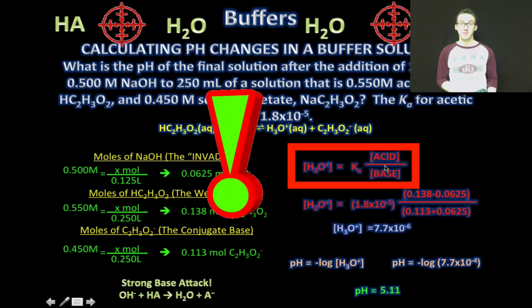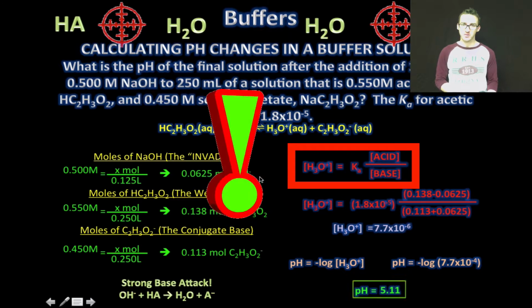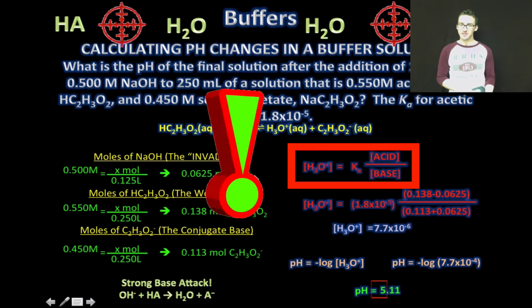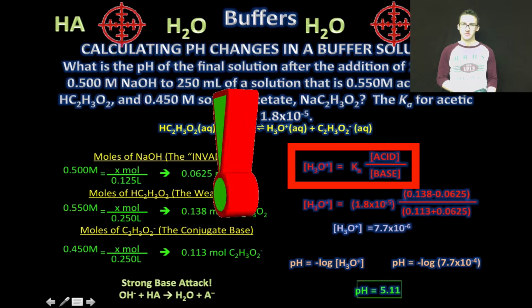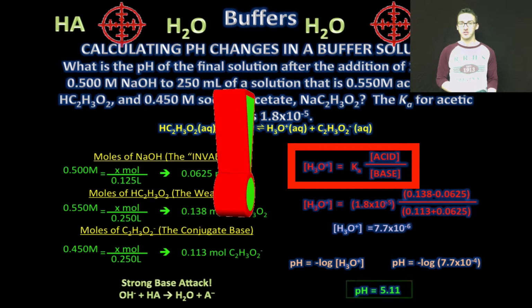If you're trying to determine the pH change in a buffer, simply think about whether what was added was a strong acid or strong base, and which component of your buffer would get used up, would sacrifice itself to neutralize that added strong acid or strong base, and which component of your buffer system would get made in the process.